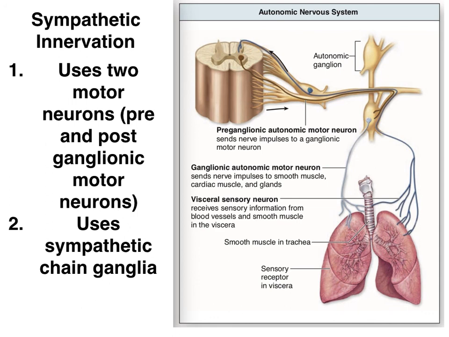There's still a loop between a sensory neuron, which goes to the central nervous system and then comes back out. But the 2 takeaways are that in the autonomic nervous system, there's 2 motor neurons, a pre- and post-ganglionic motor neuron, and that the sympathetic division uses the sympathetic chain ganglia as the place where the second neuron is located, the second motor neuron.